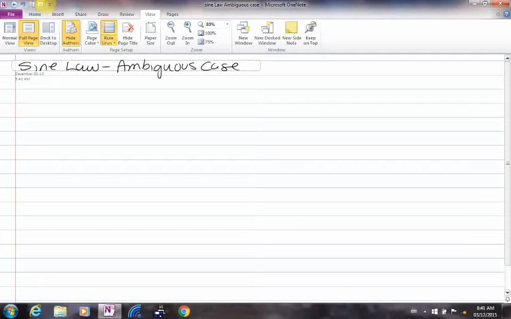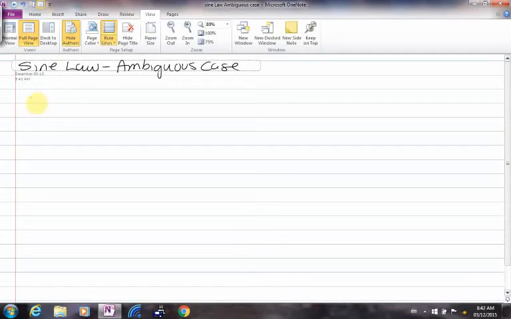So when we're using the sine law, as you found yesterday, hopefully when you were doing your assignment, it's pretty straightforward to use. But there is this one type of question that we could give you where you have to be super careful because there's actually two different ways that you can make that data fit.